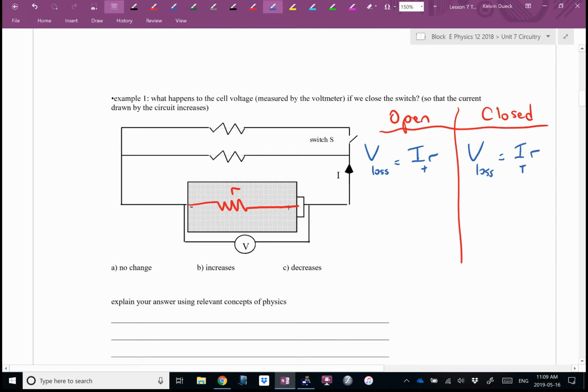So you know what's going to make the difference here? Really, what happens to I total when we close the switch. So you ready? When we add a resistor in parallel, what happens to R total? R total decreases. What happens to I total?